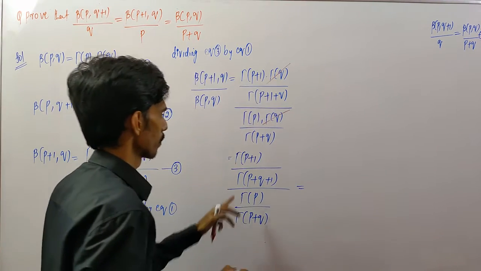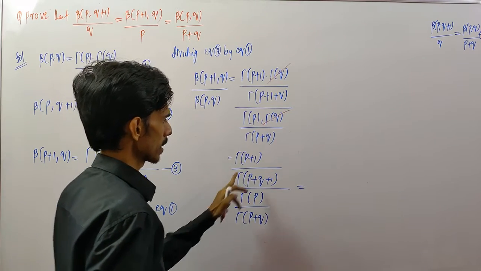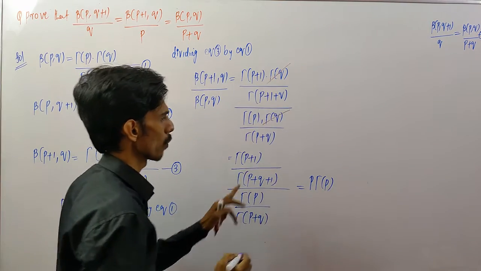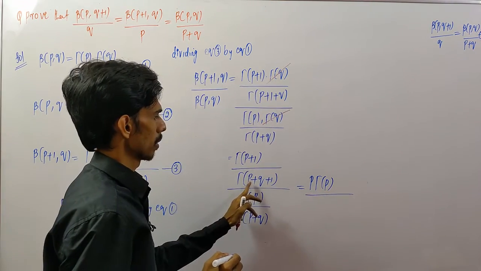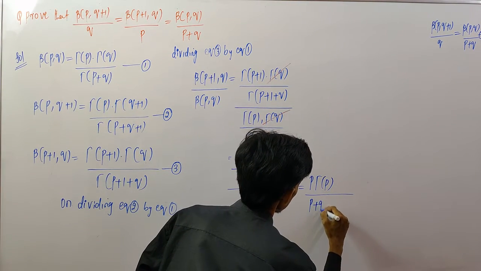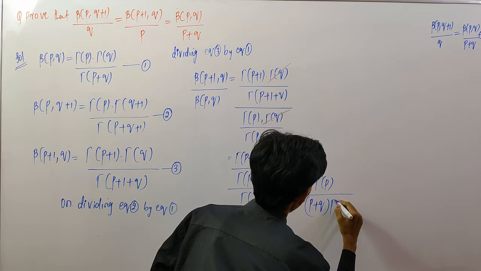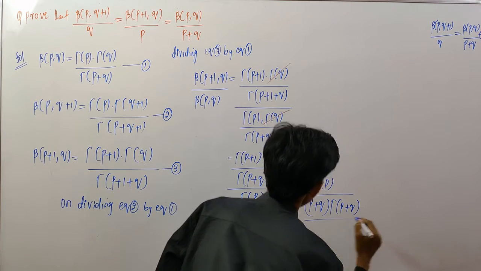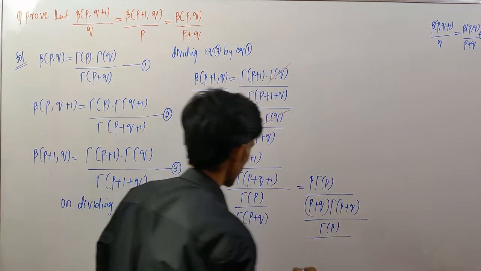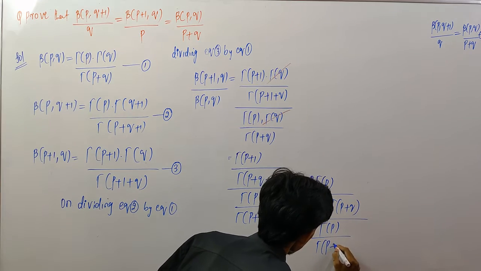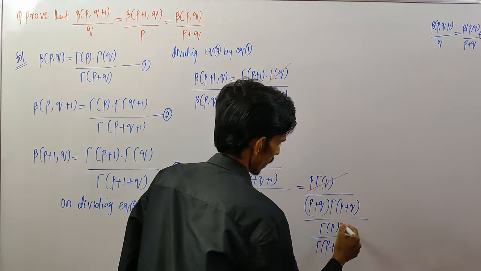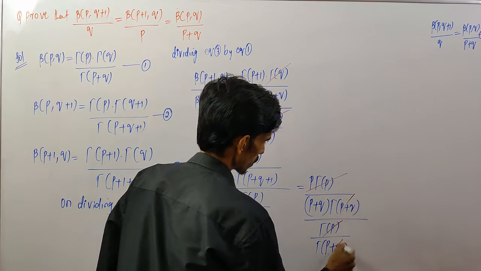Gamma of p plus 1 can be written as p gamma p, leaving this 1, divided by gamma of p plus q plus 1 can be written as, leaving this 1, p plus q into gamma of p plus q, divided by gamma p divided by gamma p plus q. Now we can cancel gamma p and gamma p plus q.